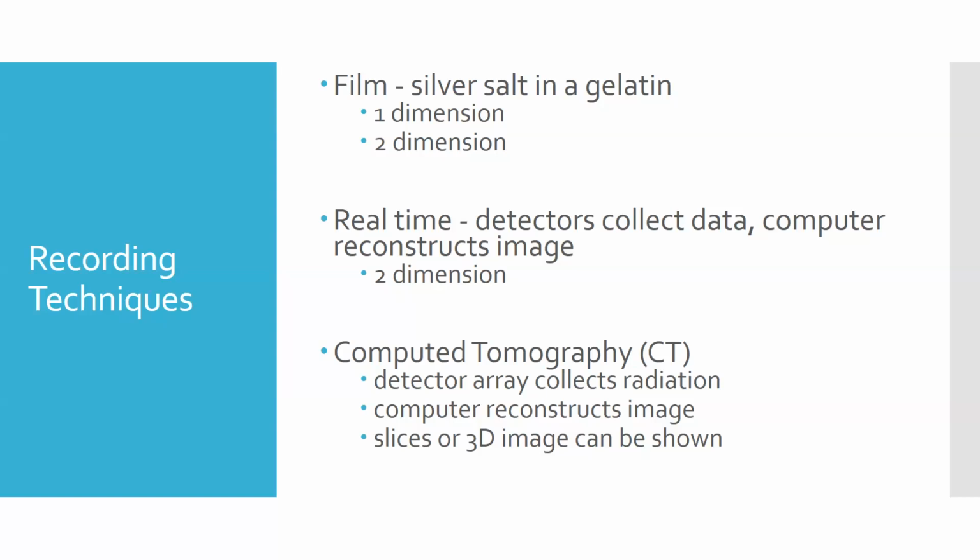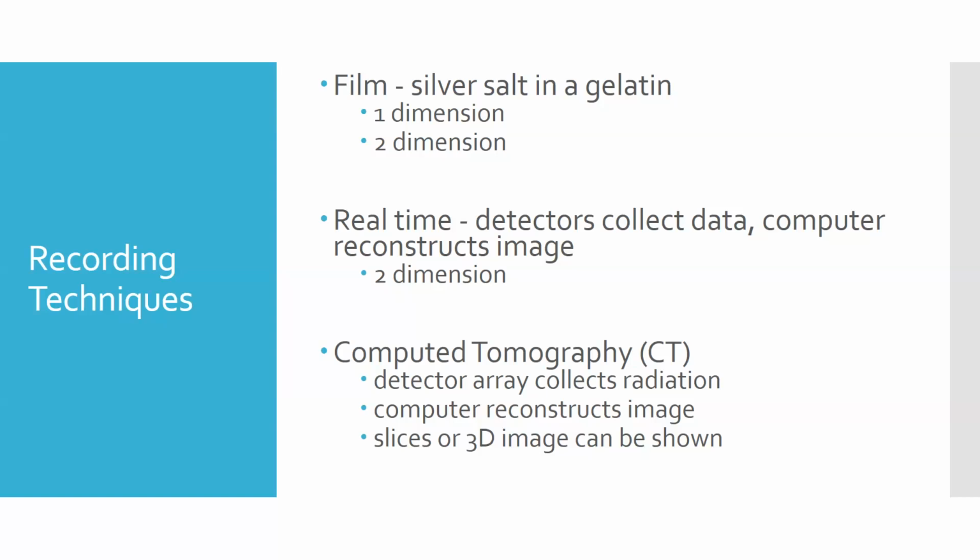Camera film, if you've worked with camera film, is a film that's reactive to visible light, to wavelengths of energy in the visible spectrum. This is another form of film that is reactive to wavelengths in the X-ray or gamma ray spectrum. Okay?